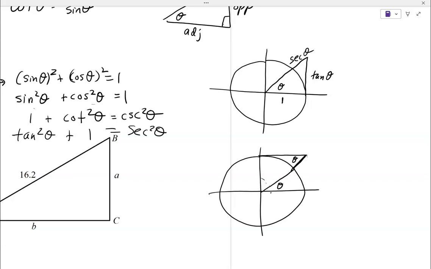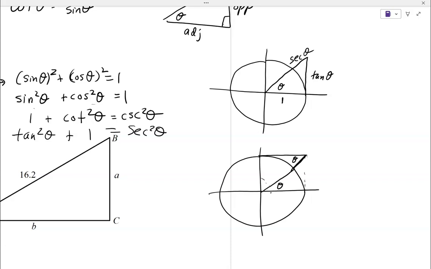Notice that this triangle here would look a lot like this one does, except my theta is in a different spot. Turns out that this side, doing this way, is your cotangent of theta. And this side would be your cosecant. Did I do that right? I may have messed that up a little bit. Anyway, you can get the cotangent of theta by looking at the other side. I may have messed up my picture a little bit, but you can get your cotangent by drawing the other picture, is the idea.